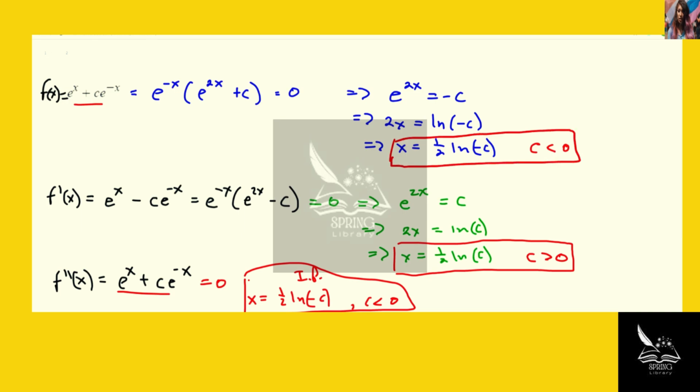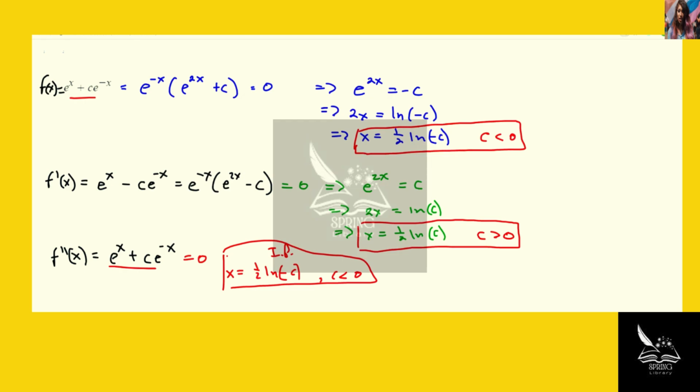All right, so let's see if this matches up. Or actually, before we do that, let's do one other thing. Notice if we were to let c equal 0, f of x becomes e to the x. And we know the derivative of e to the x is just e to the x.